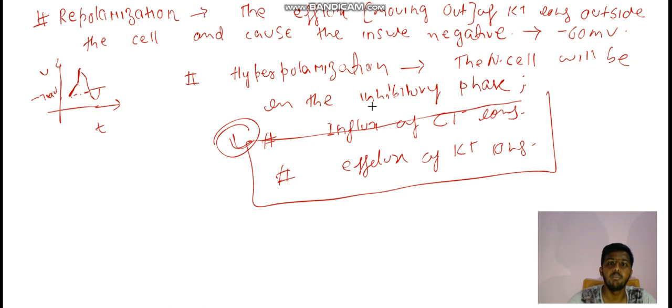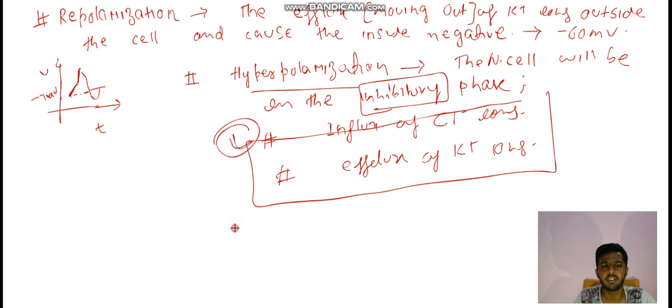If more and more chloride ions enter inside the cell, the cell will be more negative, and the efflux of potassium ions will also make the inside of the cell negative. So this is the case of hyperpolarization. And when the nerve cell is in hyperpolarization, it means it is going to inhibit something. So what is a neuroinhibitor?